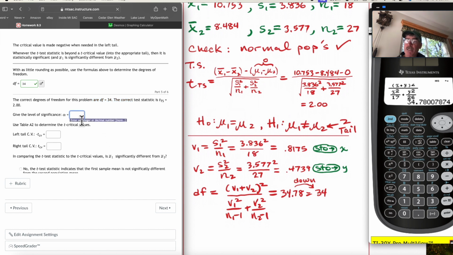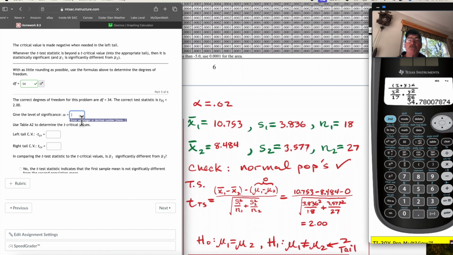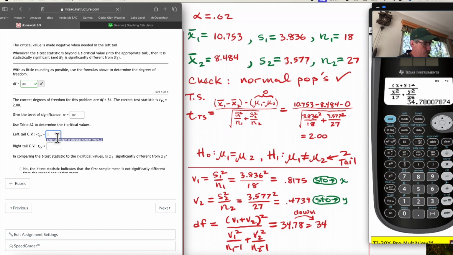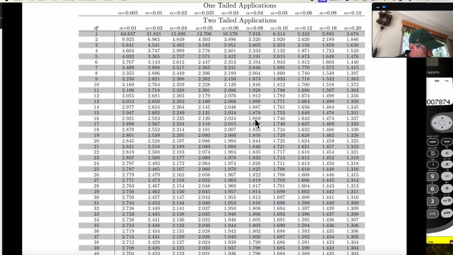All right, so it wants the level of significance here. If you look up, it was 0.02, and now we need our critical values, and again, this is with 34 degrees of freedom. So critical values are on table A2. We'll go ahead and slide up to that. Okay, so our alpha is 0.02, and it's a two-tailed test. Degrees of freedom we've worked out were 34. Right, so that critical value should be 2.441.